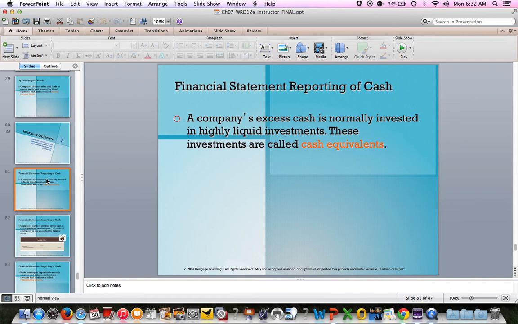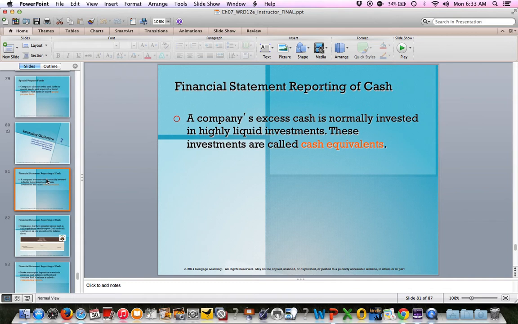So to report cash and cash equivalents on the financial statements, typically a company has a lot of extra cash. You want to invest that in something, get a little bit of a return. Obviously with money in a bank account, you hardly get any interest at all in checking or savings. So quite often companies will put extra cash that you can still access easily into something called a cash equivalent, maybe a short-term mutual fund, a money market fund.